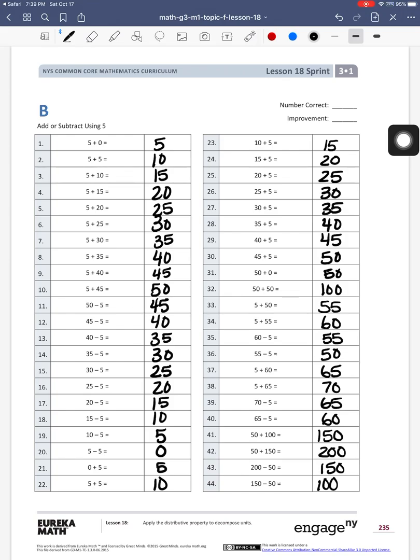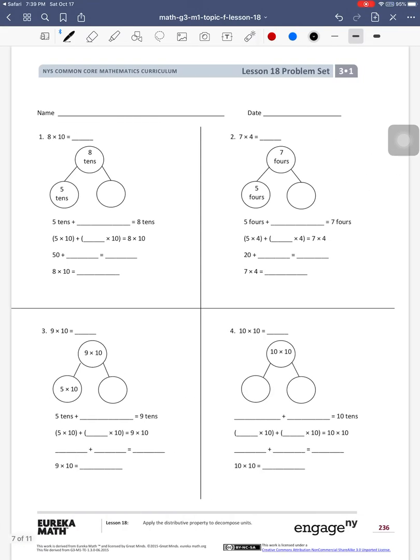Now let's check our problem set. All right, so 8 times 10, we're going to break it down. 8 tens and 5 tens. So if we take 8 minus 5, what do we get? Right, 3. So this would be 3 tens. 5 tens plus 3 tens equals 8 tens.